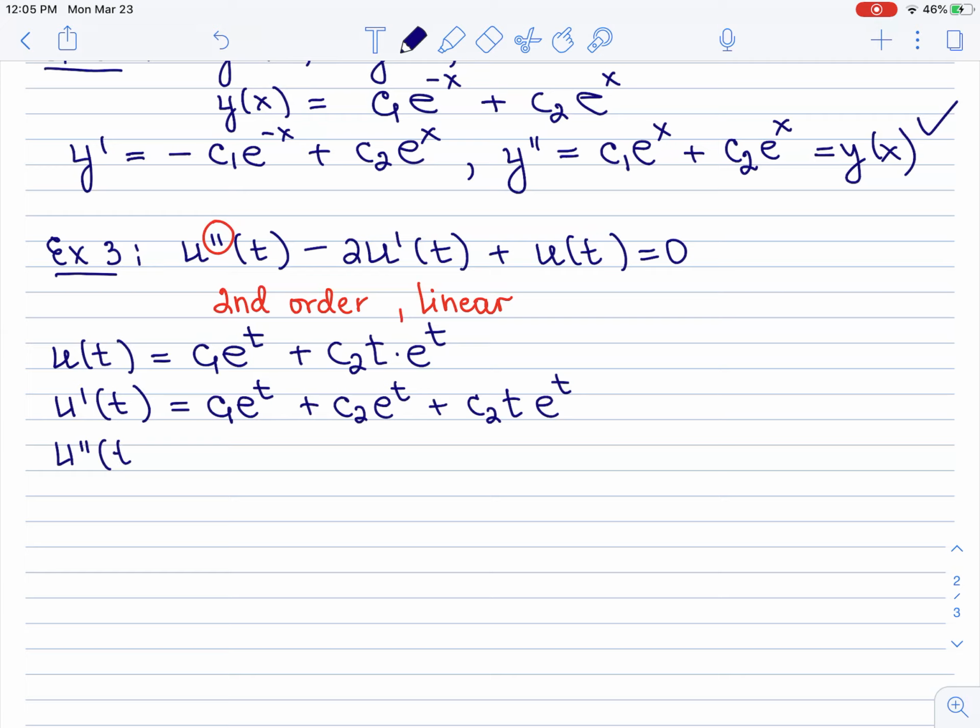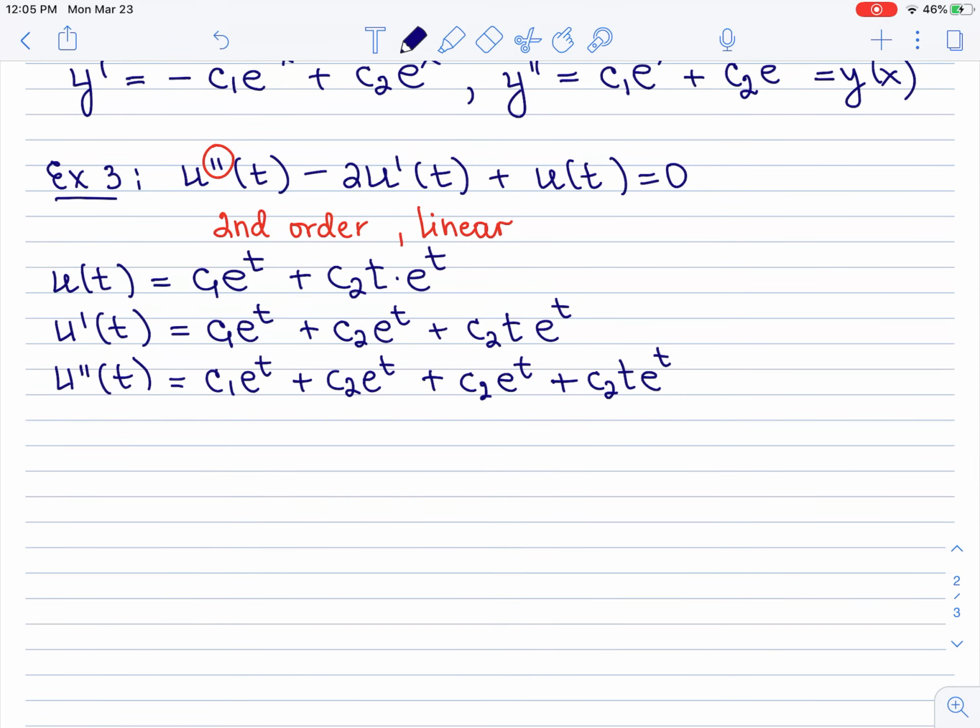Then u double prime: c1 e to the t plus c2 e to the t plus, product rule again, c2 e to the t and plus c2t e to the t. Now, we can combine two terms here, right?